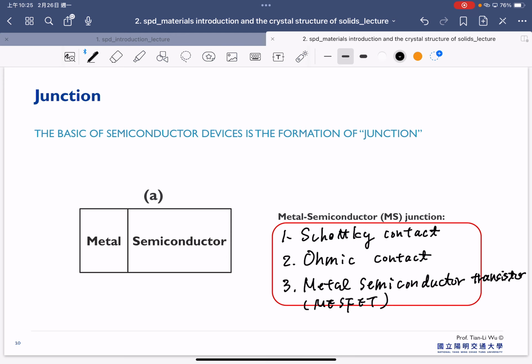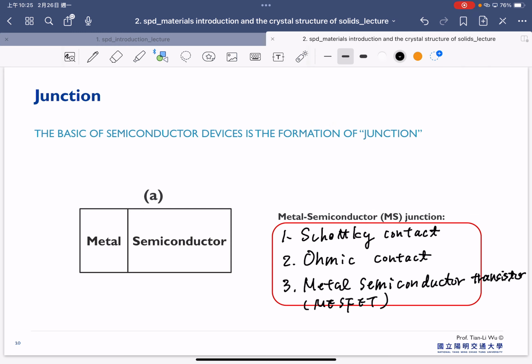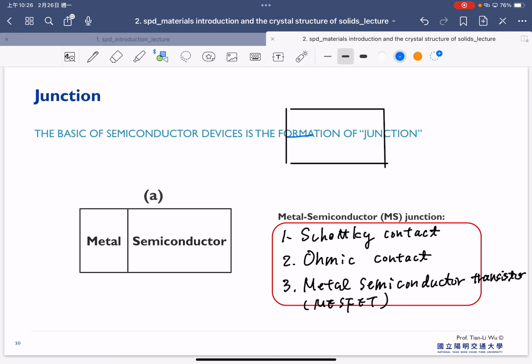Before we discuss these 3, you also have to be aware that in the MOSFET, the one that we are most interested in, in this structure, we should also figure out where is the place that can have the metal semiconductor junction.